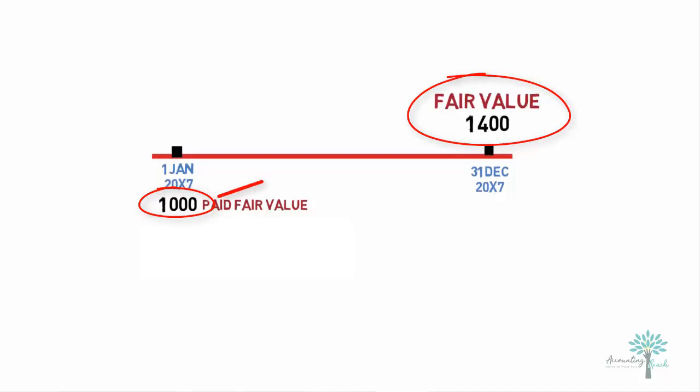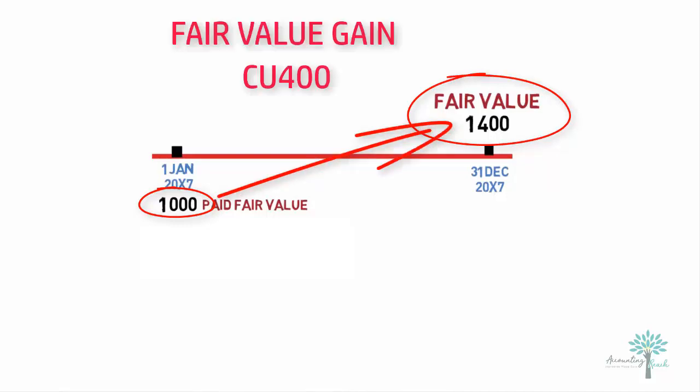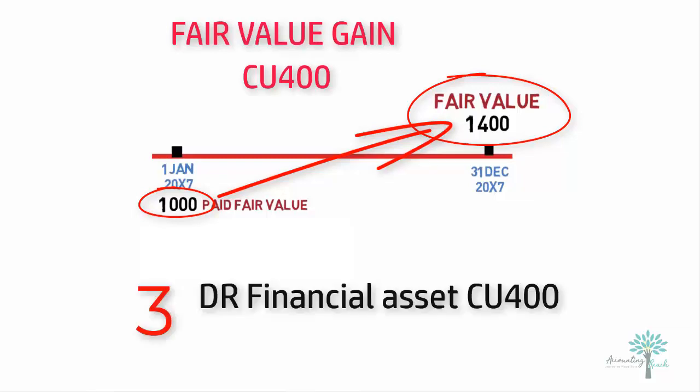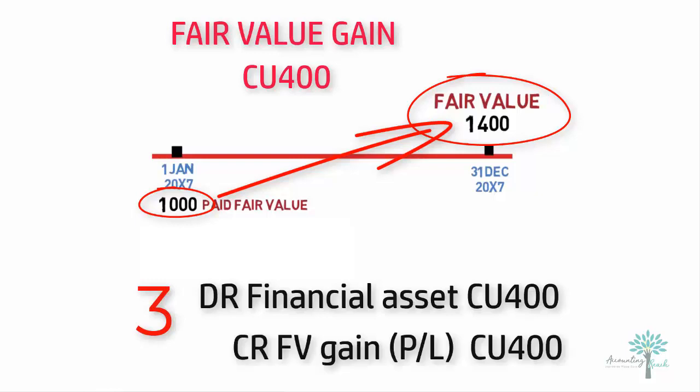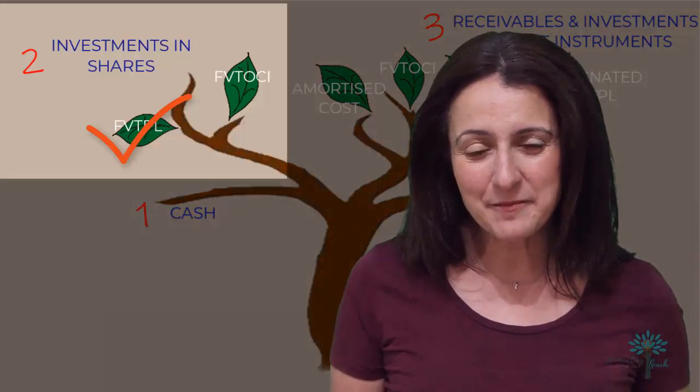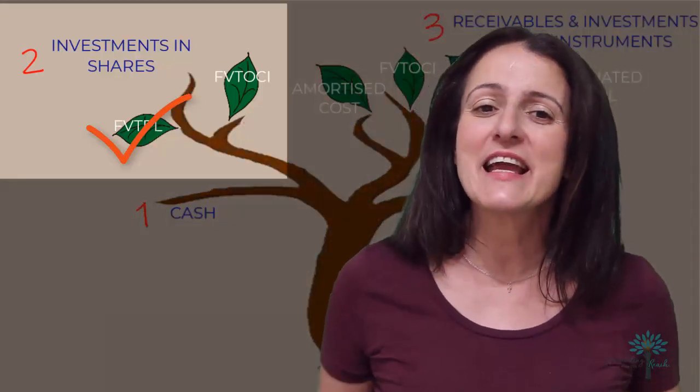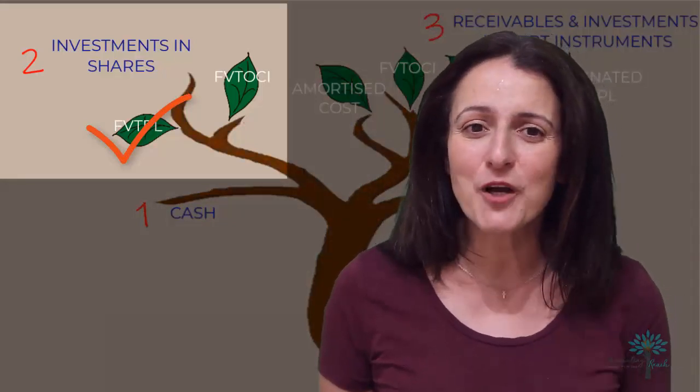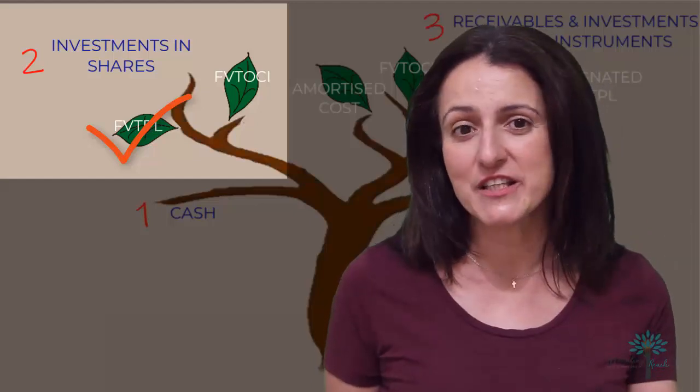This means that there has been a fair value gain at year end of 400 currency units. And in our journal entries, we would therefore just say debit financial asset and credit this fair value gain of 400 currency units.